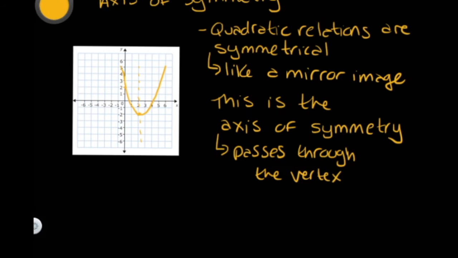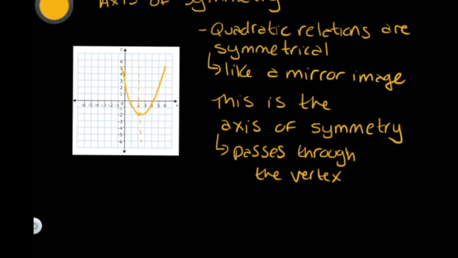It's a good idea to do that when you find the vertex, where you find that lowest or highest point of your parabola, to take your ruler and to draw a dotted line right through the center, because right through the center is our axis of symmetry.